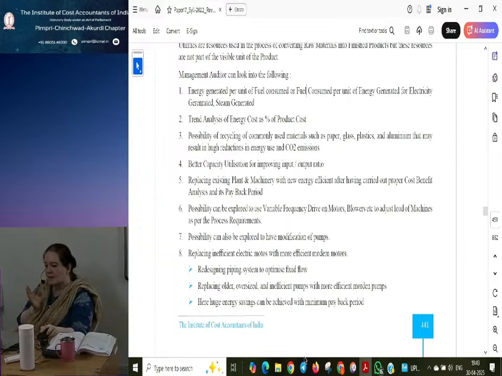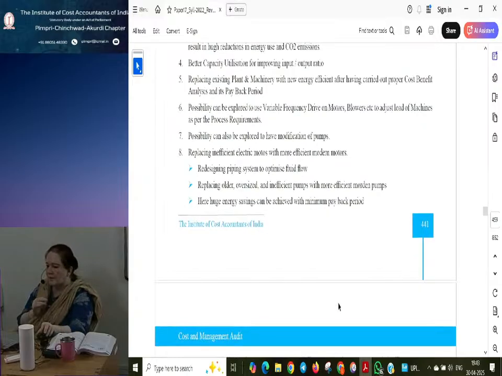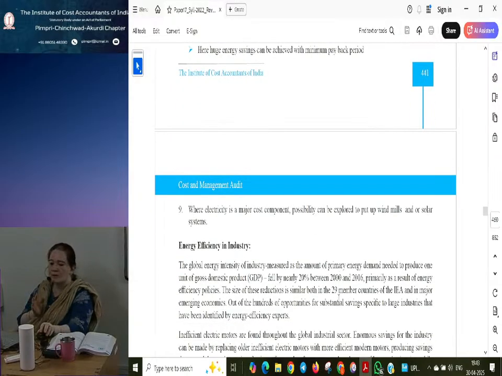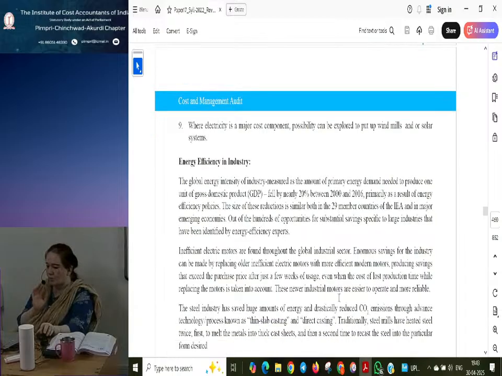Then redesigning the piping system to optimize the fluid flow, replacing older, oversized and inefficient pumps. These pumps consume a lot of energy but the output is very less. So the cost will be higher on energy and lower on output. Energy savings is one of the important things that needs to be looked into.